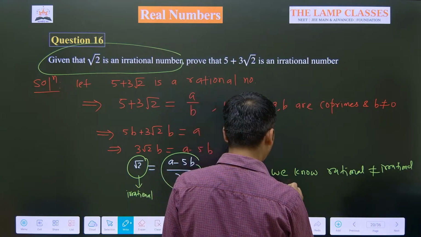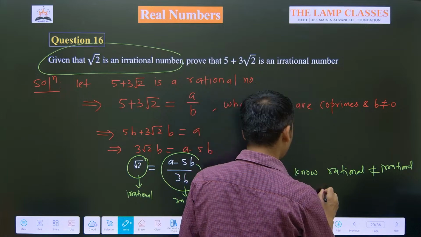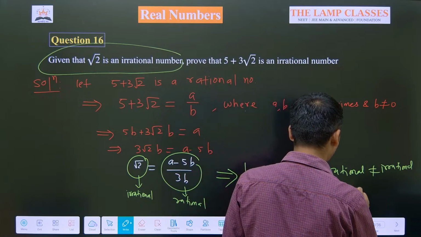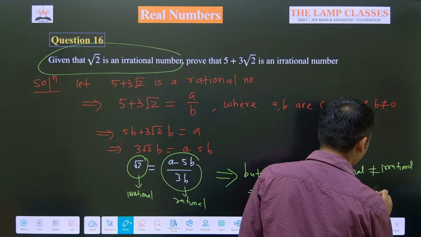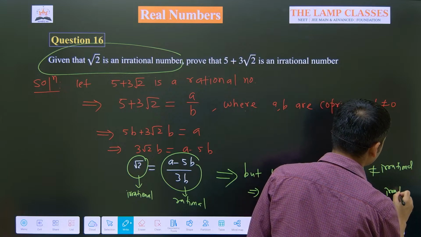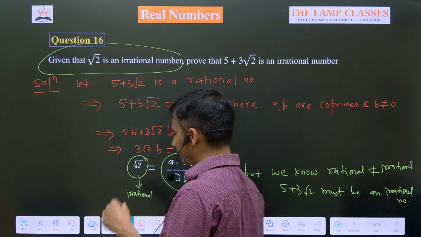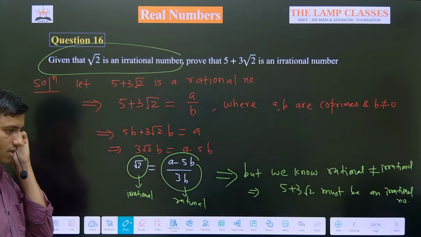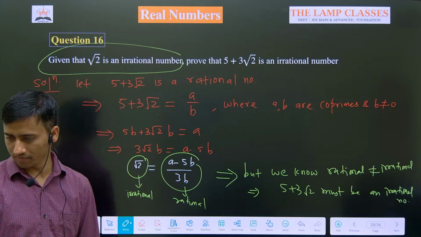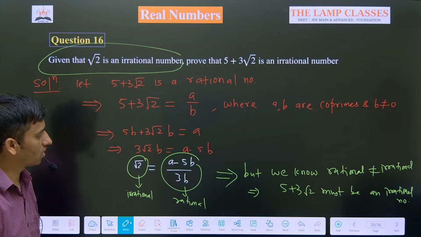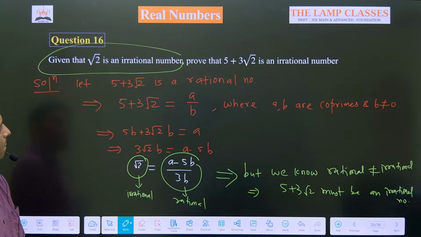That means 5 plus 3 root 2 must be an irrational number. Please write the conclusion properly, okay? So that you give a good impression and they do not cut any marks, even half.